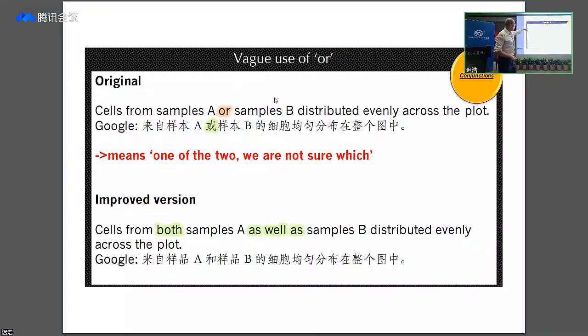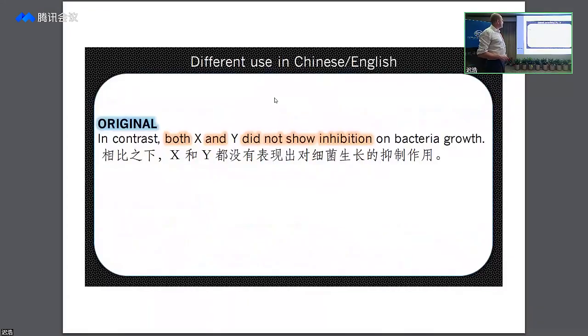So here we have "all" without "not". So ultimately, we have to go to the authors and ask them, what do you actually mean by that? One of the two, not clear. So this is something you need to tell us.